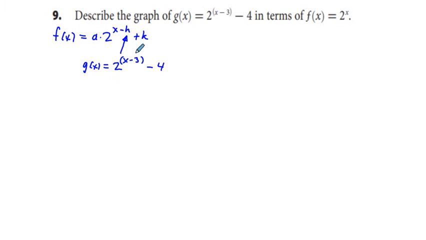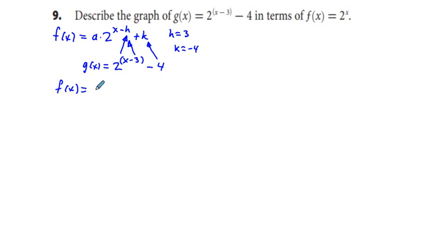What we have here is h is equal to 3. So we have h is equal to 3, which means this minus 3 is going to shift 3 units to the right. And we have k is equal to negative 4, which means that the parent function is going to come down by 4 units. So we'll make a conclusion statement.